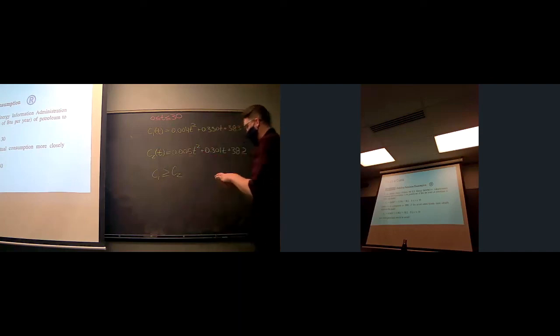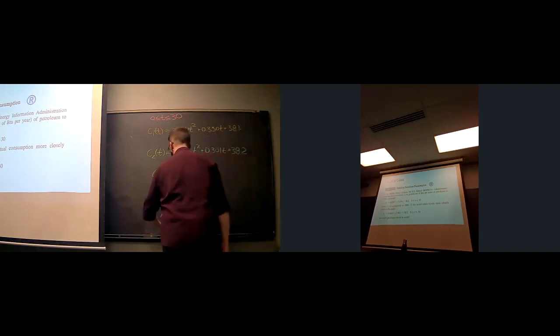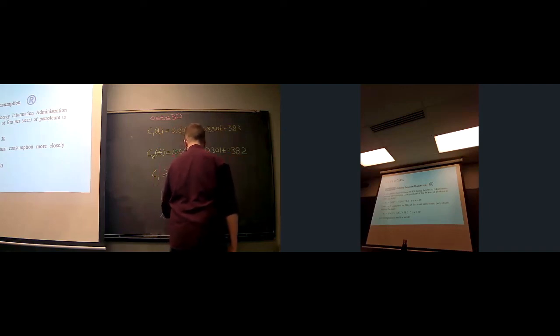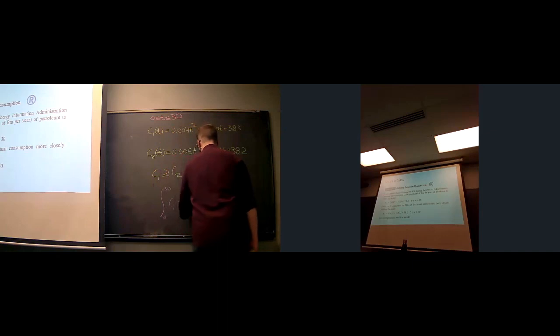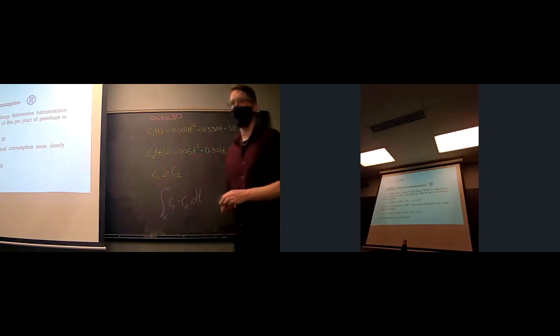What this is going to end up looking like, it's going to be an integral. It's going to be the integral from 0 to 30 of C1 minus C2 integrated with respect to t.